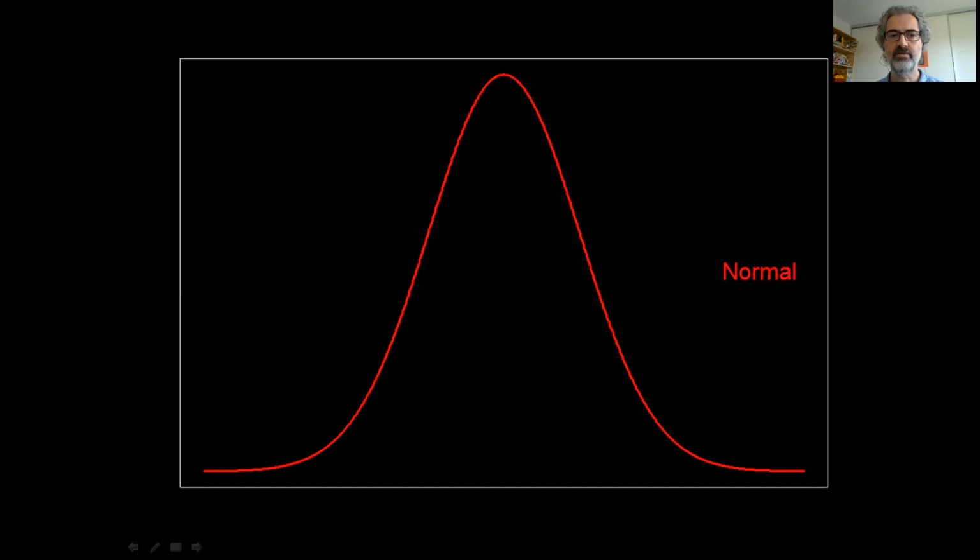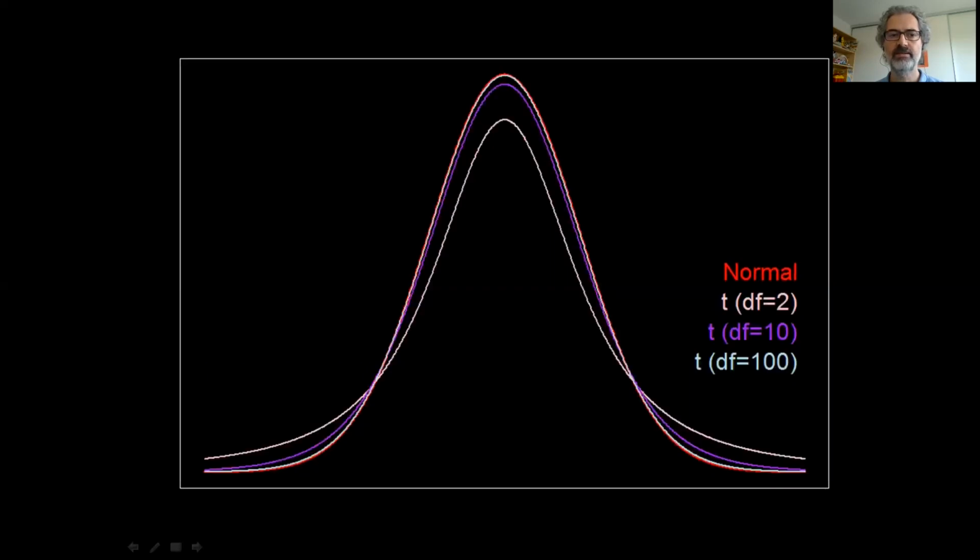Look again, this is the normal curve, and these are some t-curves. You can see that the light blue t-curve, which corresponds to 100 degrees of freedom, is essentially on top of the red curve. So with lots of degrees of freedom, the t-curve tends to the normal curve. But for fewer degrees of freedom, we see that there is a difference, which is most visible in this region. So there is extra uncertainty farther from the mean, especially with very few degrees of freedom.